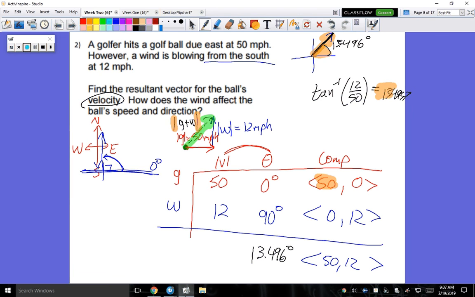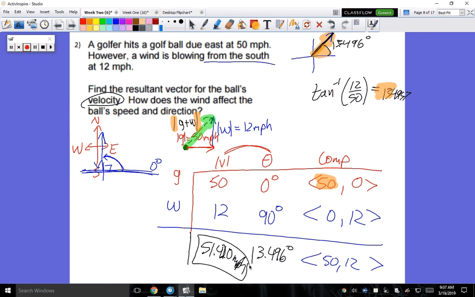And then the square root of 50 squared plus 12 squared, take the square root, we get that the strength was 51.4198. So we'll say 51.420, not degrees. This is going to be miles per hour.